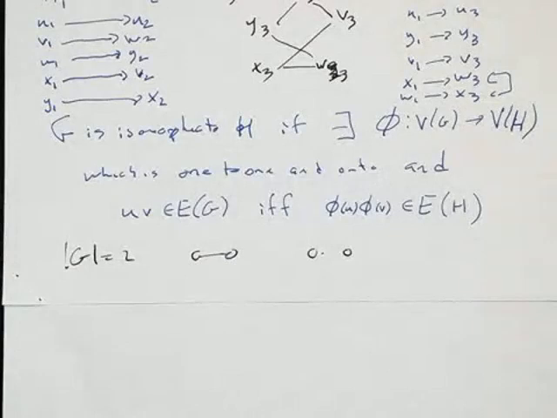Everything is isomorphic of those. How many graphs are there? How many distinct graphs of order?